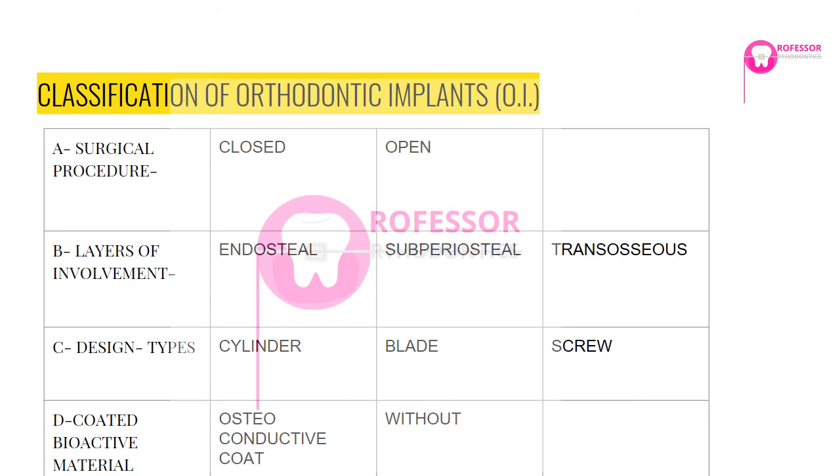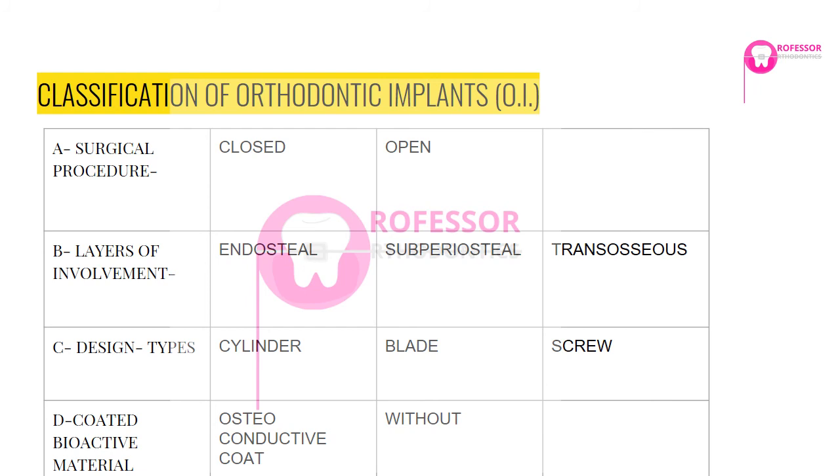Whereas in case of a closed procedure orthodontic implant, the head of the implant is exposed. In case of an open surgical procedure type of implant, although the surgical procedure is done and the site of placement of the blade implant is exposed, for example the zygomatic process, the complete structure of the implant in that case will be closed.